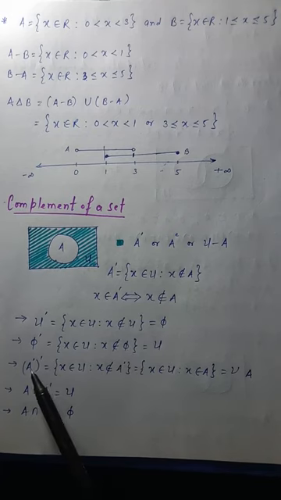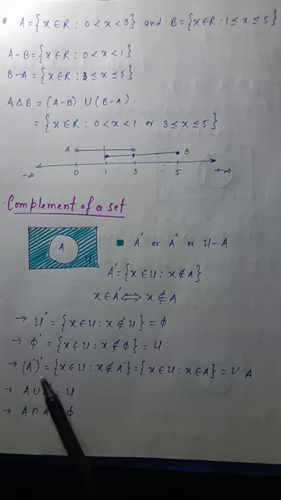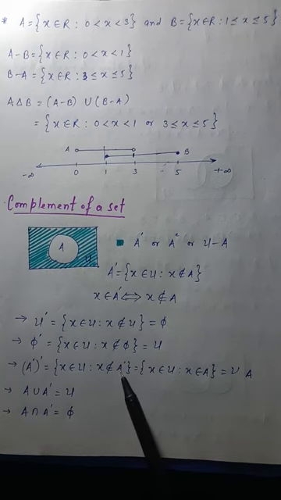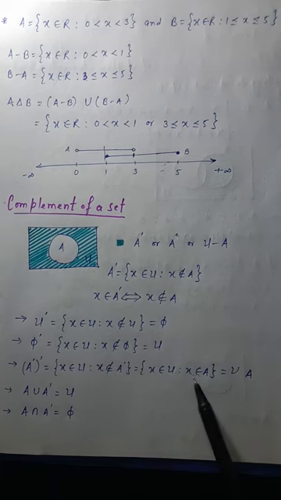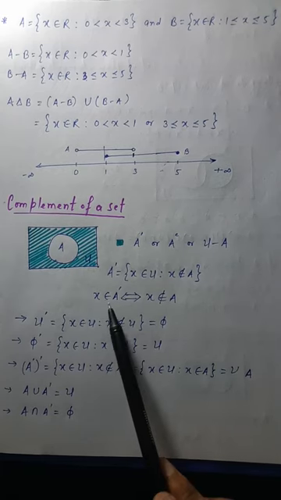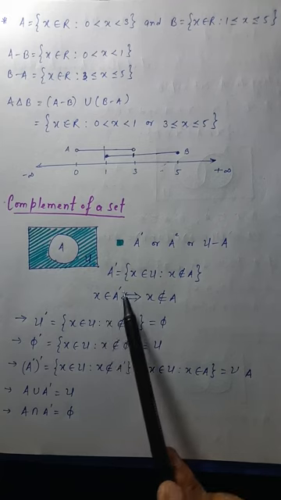What is A dash whole dash? For A dash whole dash, consider this as A. So we'll write x belongs to U but x does not belong to A dash. So when x does not belong to A dash, it means it will belong to A, because when x is not present in the complement, it will be present in the set.